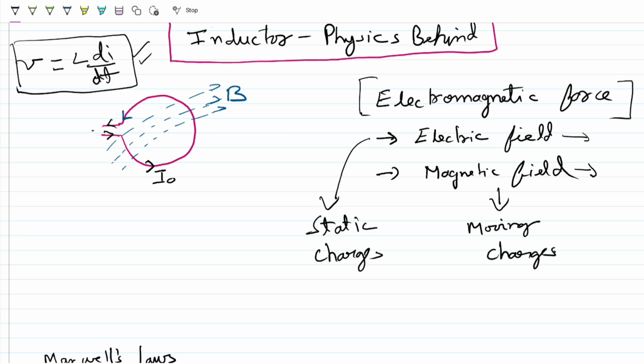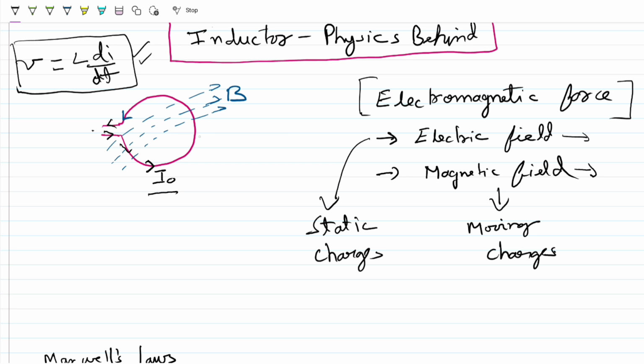Now we come back to the behavior of an inductor. Let us say we take a loop and form it in a shape like this and push a current I0 through this loop.